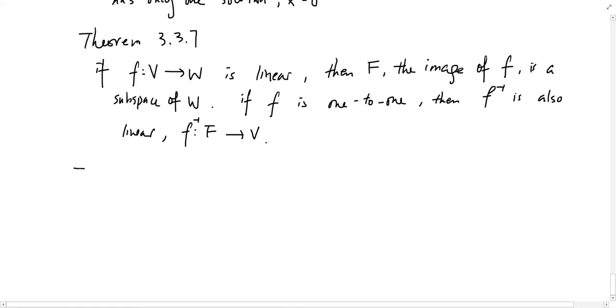Okay, here's the first example. Let's say we define a function f that maps from R2 to R2. So a very easy function, not in any weird vector space. Let it be a linear function.